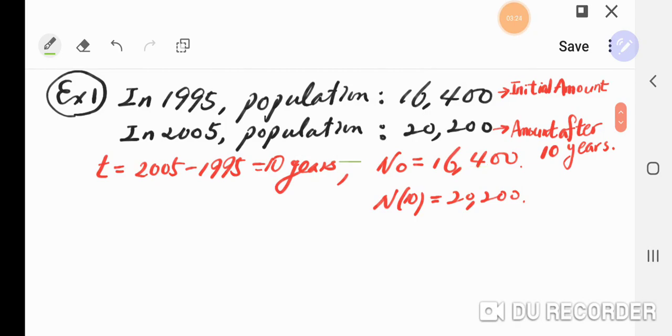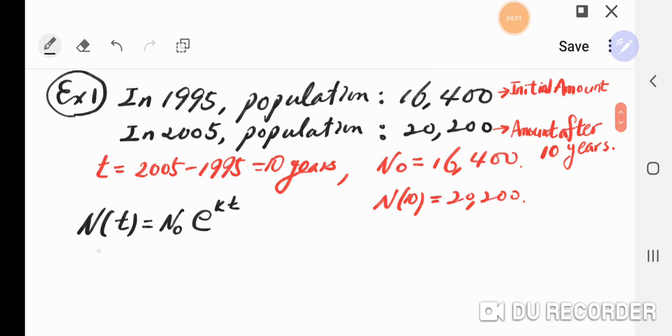And after 10 years, so 10 years has passed, so t will be 10, and the population after 10 years is 20,200. So that is our N of 10 value. So when we write this in an exponential growth function, N of t is equal to N0 times e to the kt. Let's plug in all these values so we can find k.